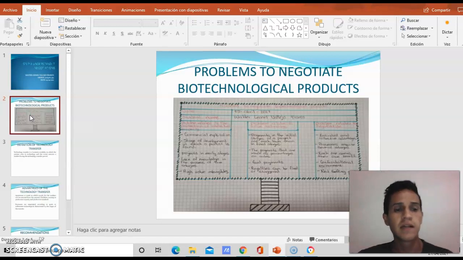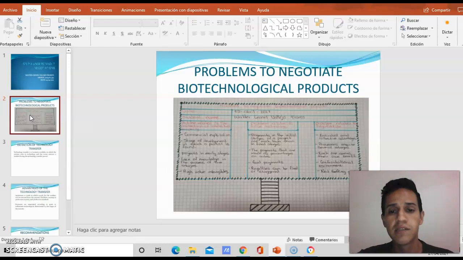Problem related to the protection of intellectual property and commercial exploitation. Stage of development in which a product is found. Projects in early stage. Lack of knowledge in the process of the stage. High value intangibles.